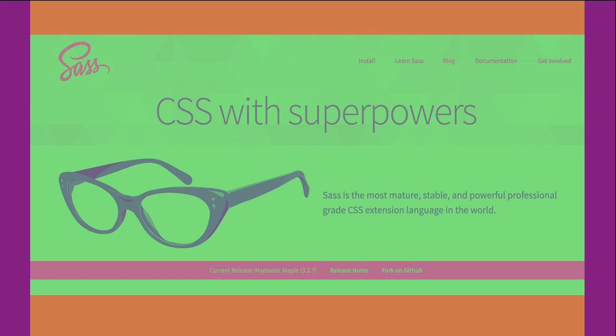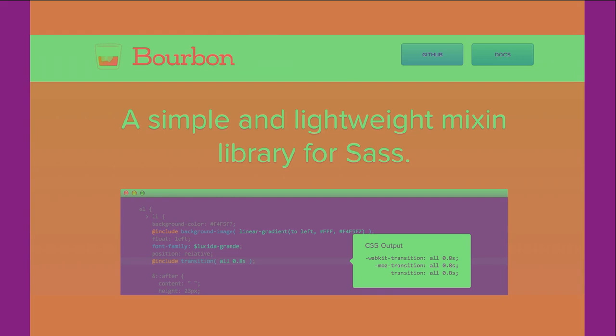But this is on the CSS side to make style sheets. And then Bourbon. Bourbon, for those who know Compass, is very like Compass, but Bourbon is much lighter than Compass. So what these actually are, they are libraries for SASS. So we get ready-made functions when we write SASS code.